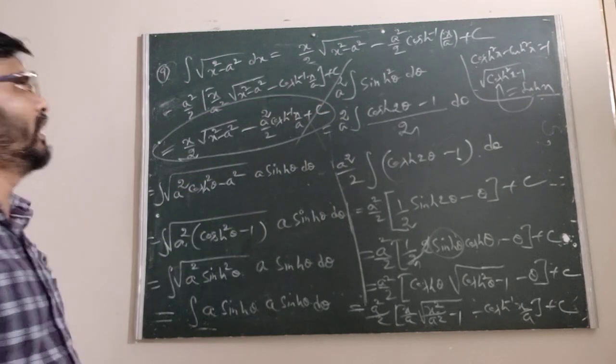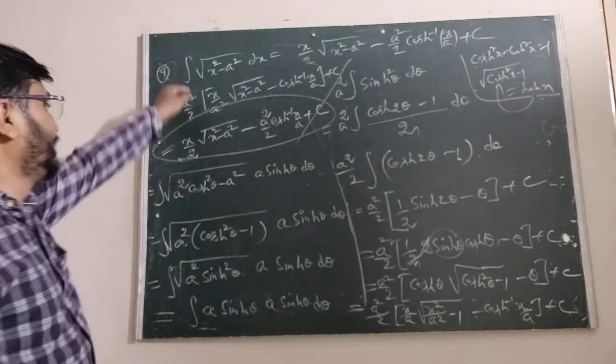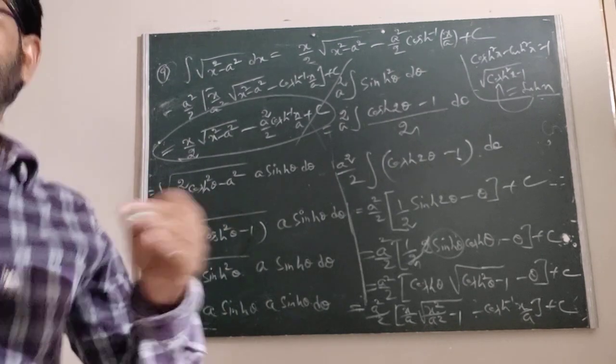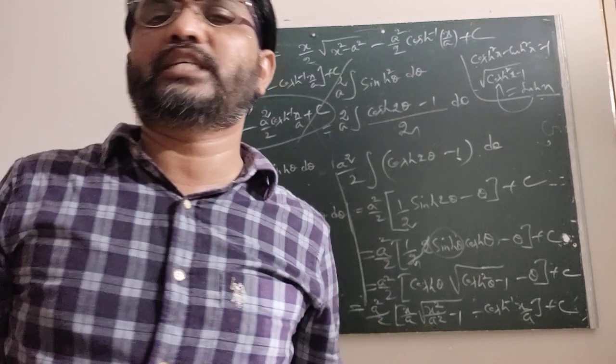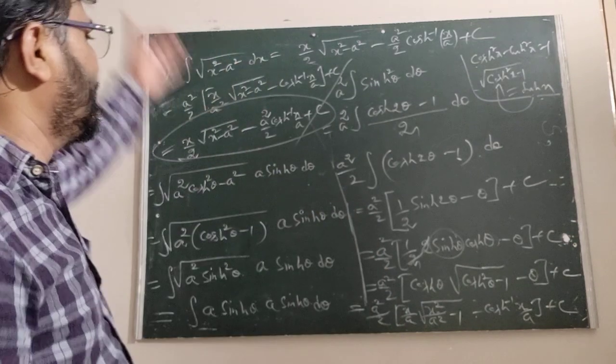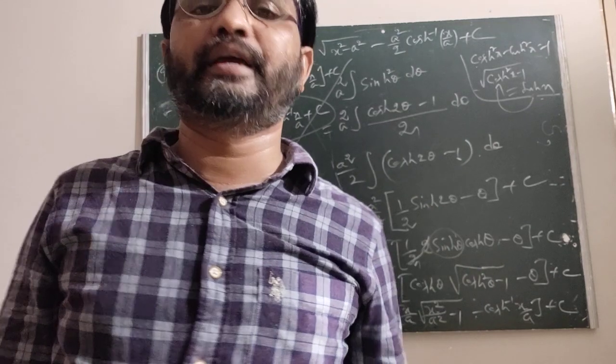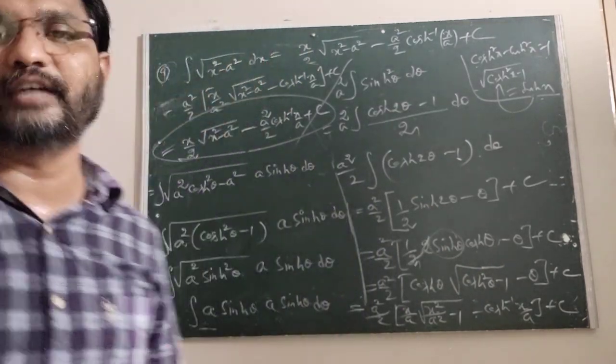This is our required solution. The integral of the square root of x square minus a square dx is x by 2 times the square root of x square minus a square, minus a square by 2 into cosh inverse of x by a. This is our required solution.